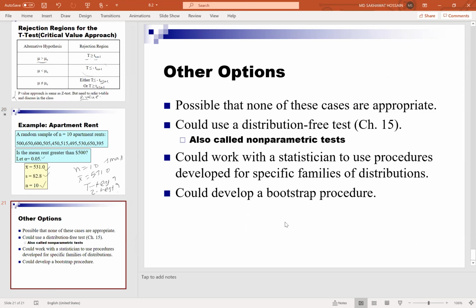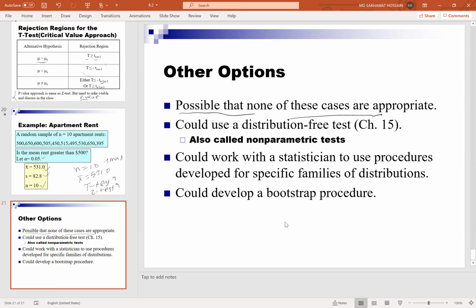Okay, so we have some other options. If the data and the assumptions don't follow the above cases, it is possible that none of these cases are appropriate. So we discussed three cases, maybe none of these are appropriate. In this case, we can use a test which is distribution free, so you do not need to use any distribution.